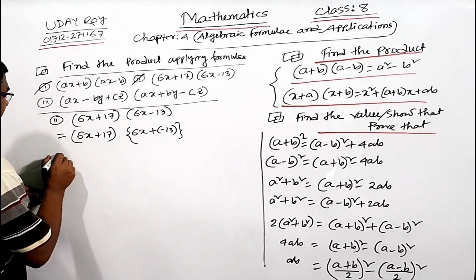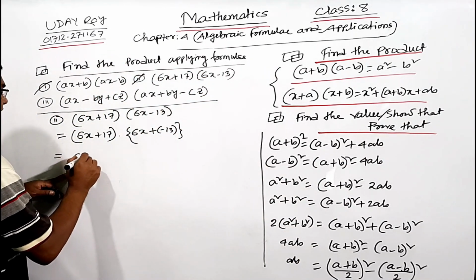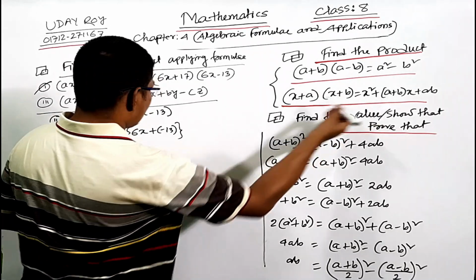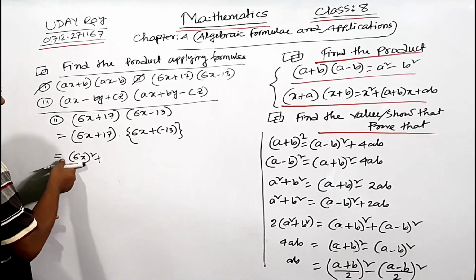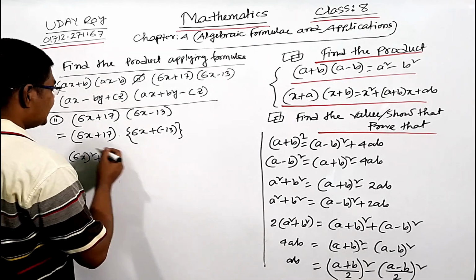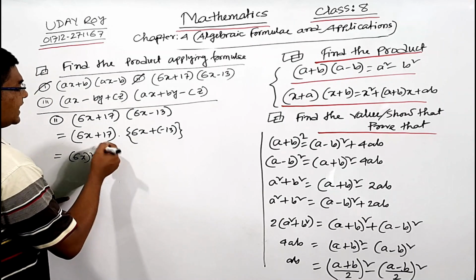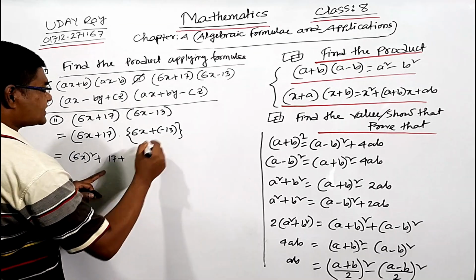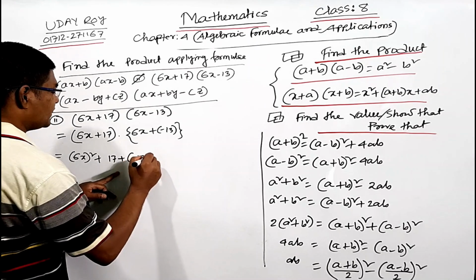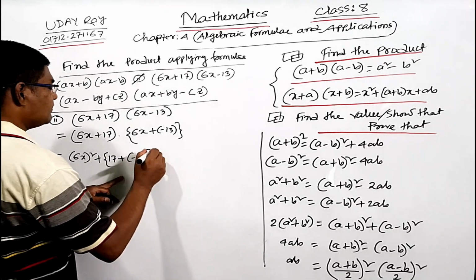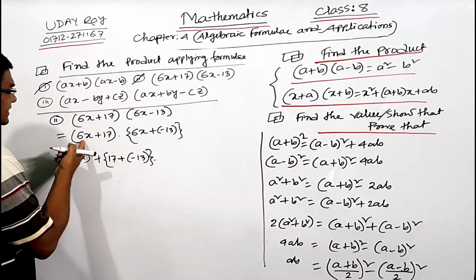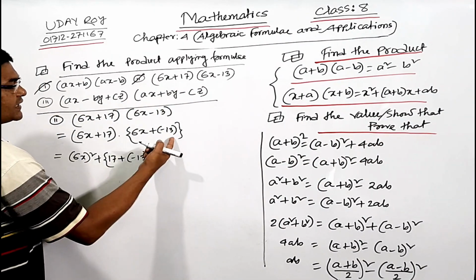So you can see here is 6x, that means the x square term: 6x is the x square, plus a plus b. What is a? Here 17 is a and minus 13 is the b. So a plus b into x. This is a and this is b.